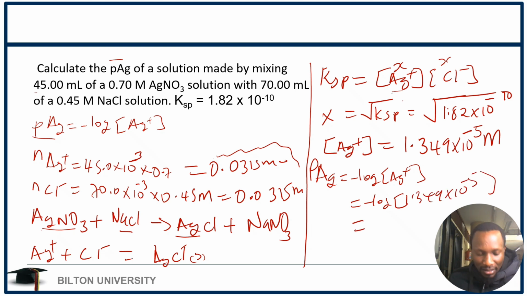If you punch that in the calculator, so just say minus log of answer, that gives us a value of 4.8699, which is going to give us 4.87. Remember, pAg doesn't have units, so this is the value of our pAg.